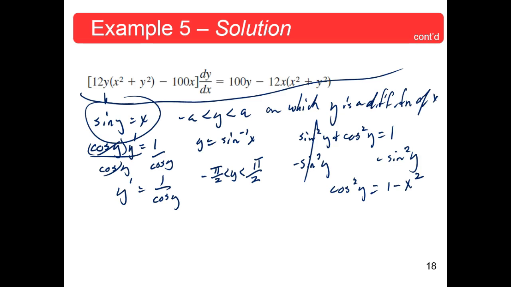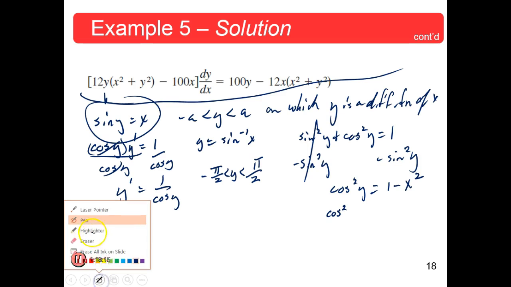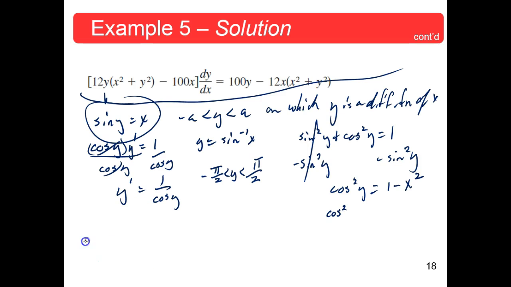Okay. Now, what you do now is take a square root of both sides. Cosine y is equal to the square root of 1 minus x squared.